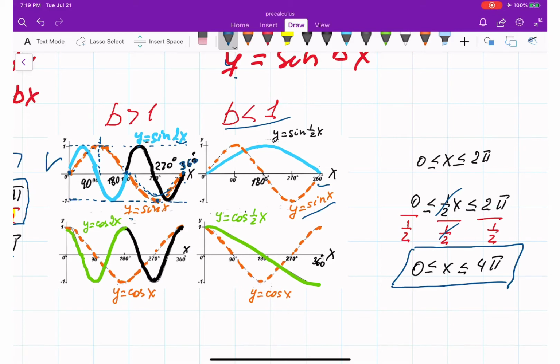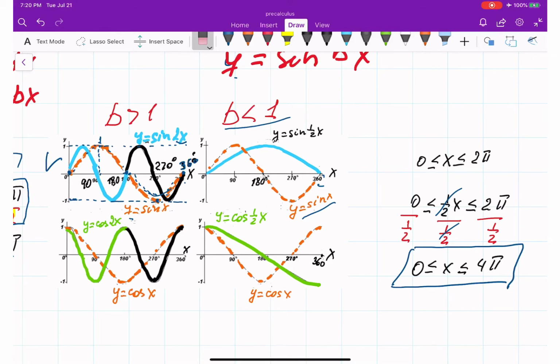So to build the whole 4 pi, you have to go another 2 pi, which will be 4 pi altogether. But because we are building our graphs within 360 degrees, that's why I did not continue. I just squeezed in 360 degrees. We are working with from 0 to 360 degrees, okay?